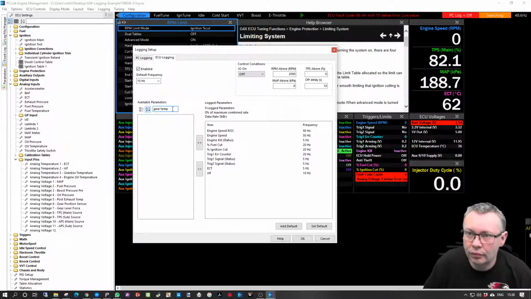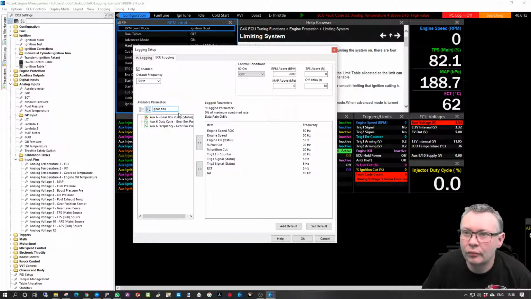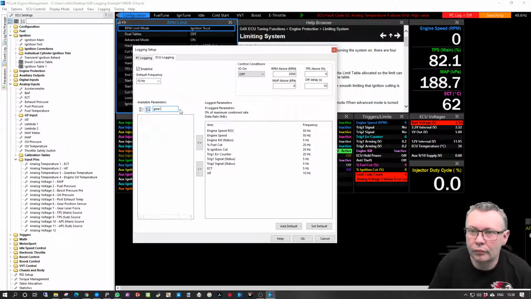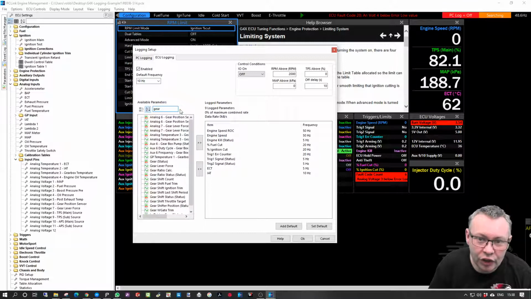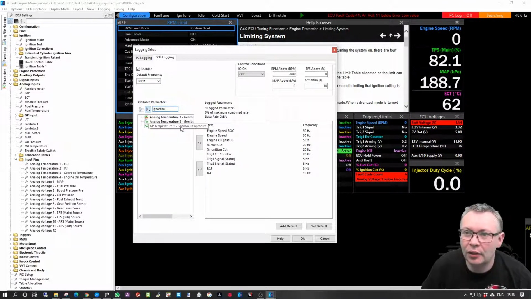Sorry, what have I called the channel? Gearbox, one word. Gearbox temperature. Analog temperature 3, gearbox temperature. Okay, 5 hertz would do that.